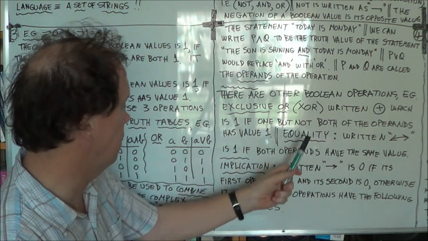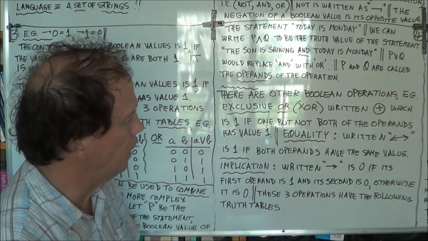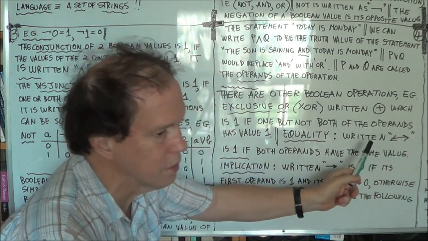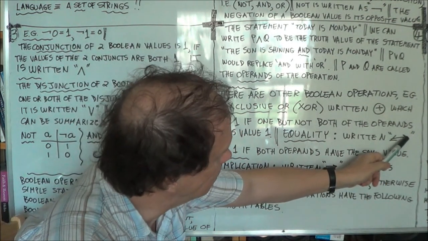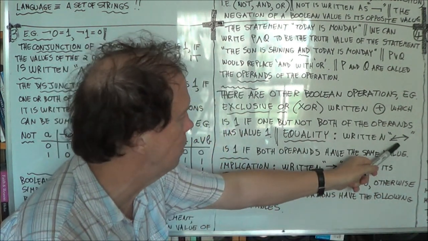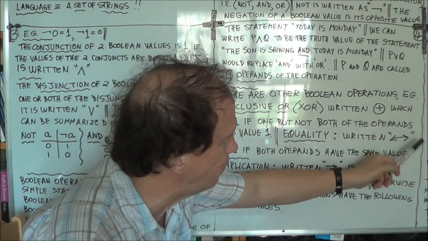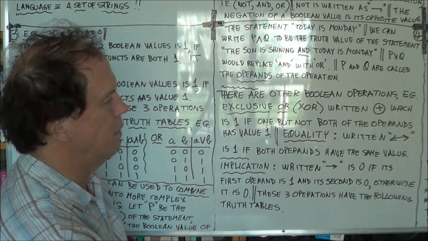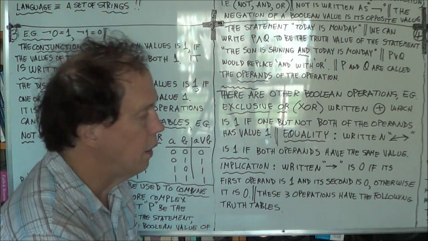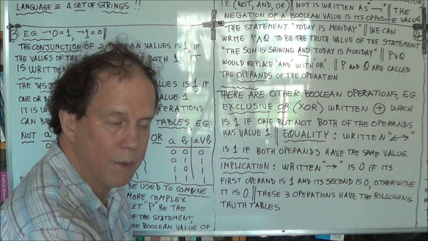Now here's the second one. We'll do two more. It's called equality, and its symbol is a double arrow in two directions, like a two-way street: the arrow that way and the arrow this way. A double arrow B is 1 when A and B have the same value.